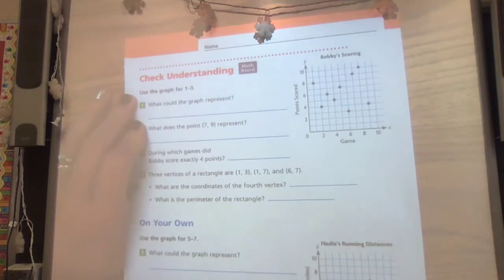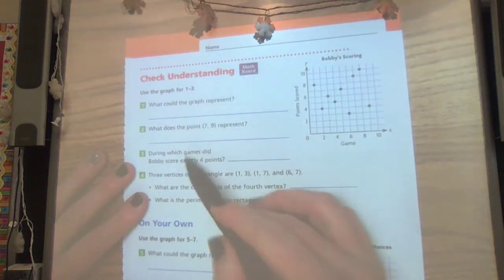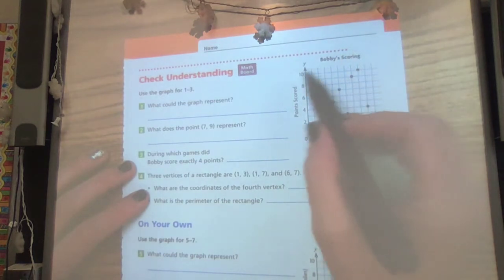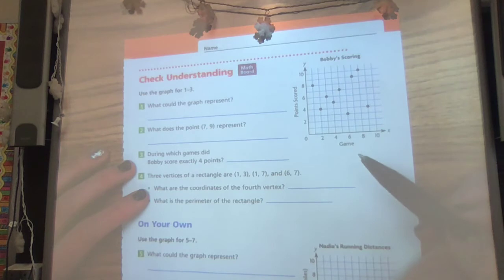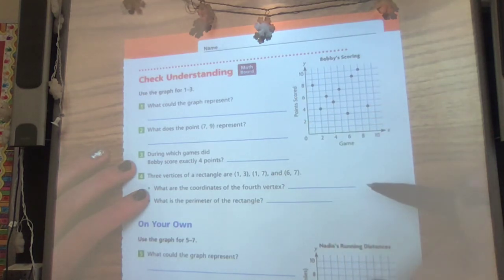All right, let's turn the page one more time, 483, and let's look at this. It says use the graph right here for numbers 1, 2, and 3. What could this graph represent? So let's look at what it's saying here. The title is Bobby's Scoring. Points scored and game.